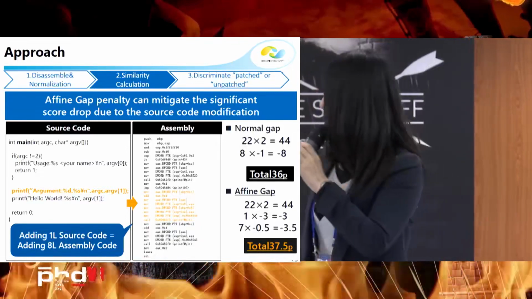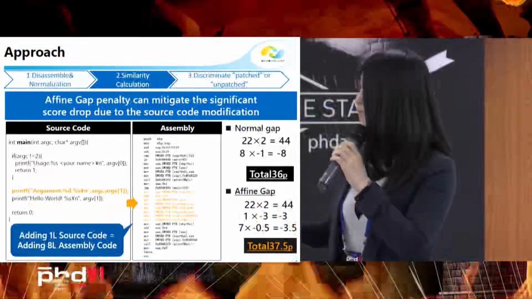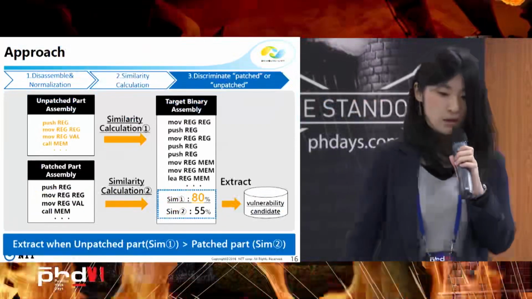By using the normal gap, it will be a total of 36 points, but by using the affine gap penalty, it will be a total of 37.5 points. So we can mitigate a score drop due to the source code modification.